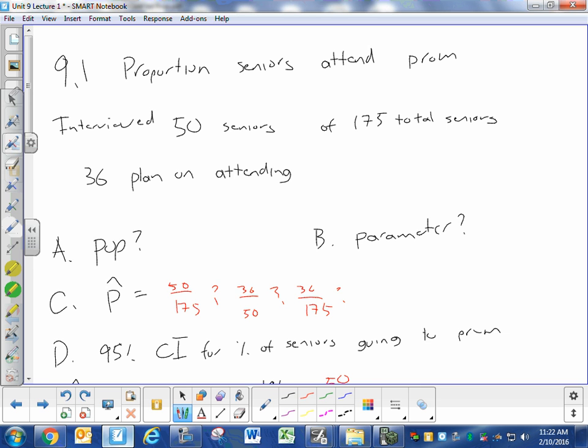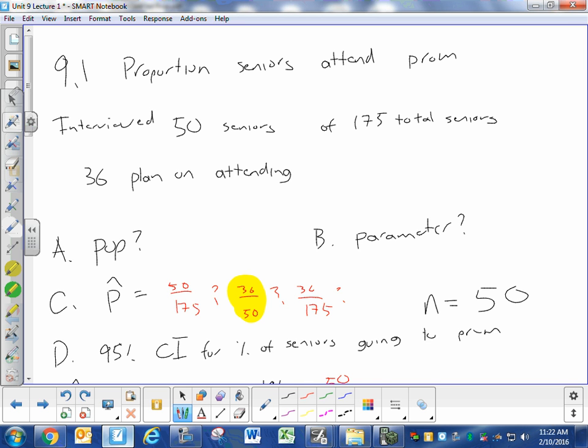The 36 out of the 50 is correct. Why? Because she only interviewed 50 seniors. That is going to be her sample size. That is N. Go ahead and write that down as well. She interviewed 50, 36 plan on attending, 36 divided by 50.